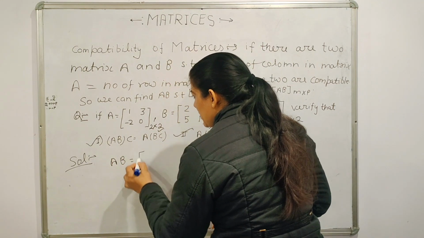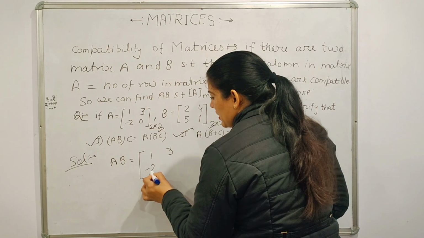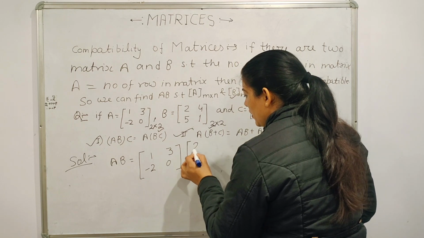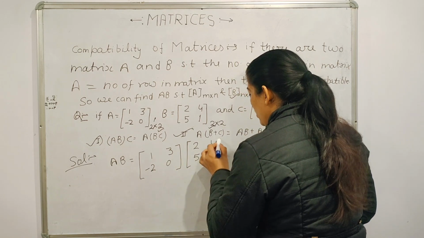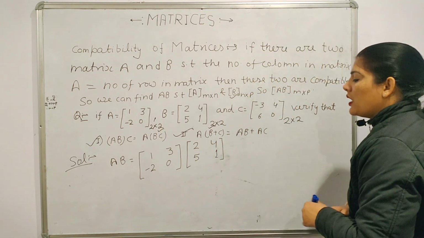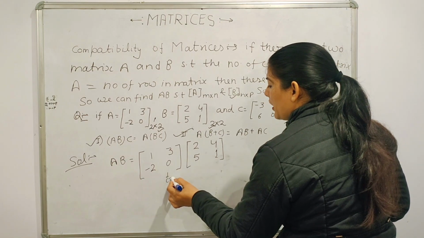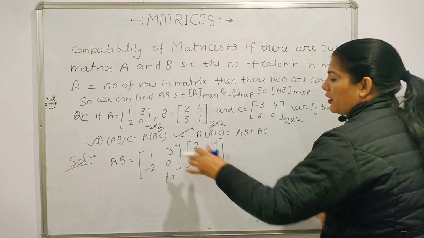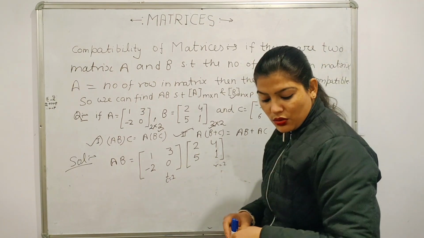So what is the method to find the product of matrices? First we have to check that the number of columns of the first matrix should be equal to the number of rows in the second matrix. Here the number of columns is 2 and the number of rows in the second one is 2 also.